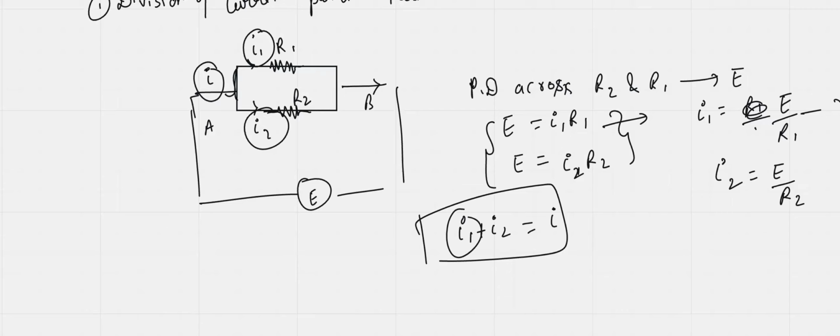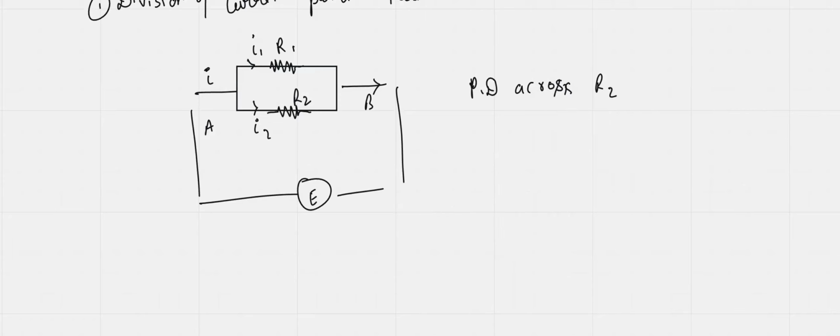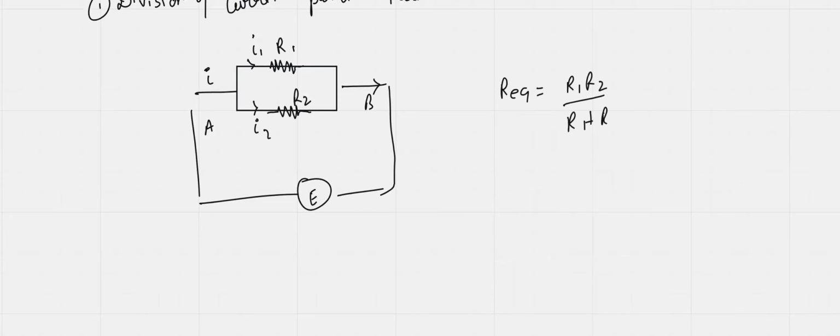In another way, Kirtana, let's not go with this way, I just misinterpreted the thing. I wanted to calculate I1 and I2, and we have already studied how to calculate the total R equivalent. So what is R equivalent, Kirtana? That is going to be R1 R2 divided by R1 plus R2.